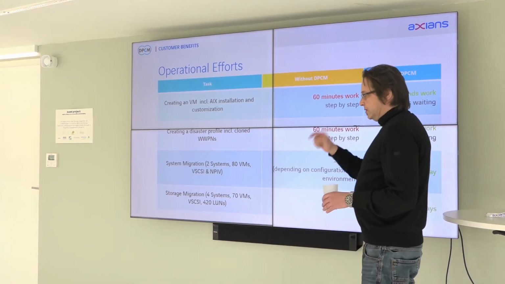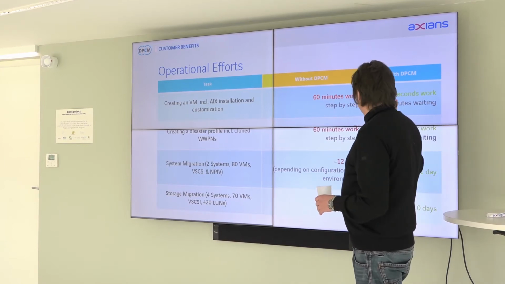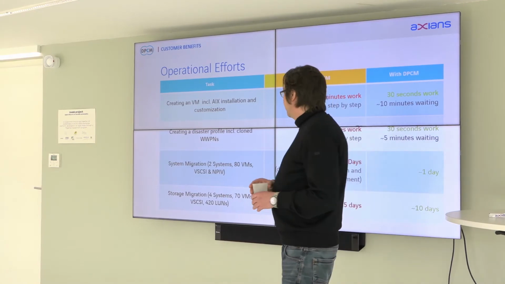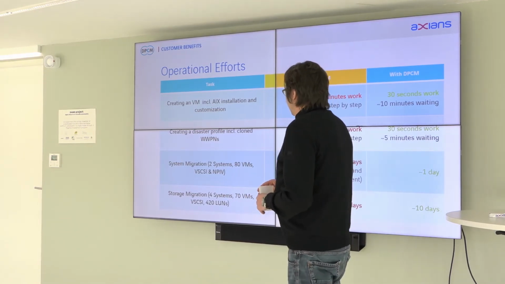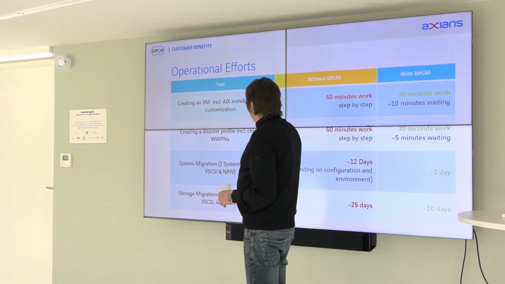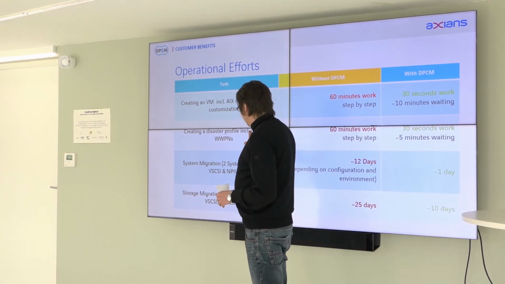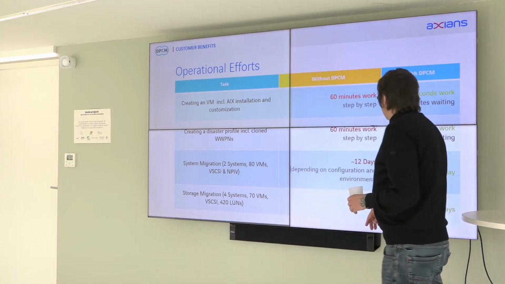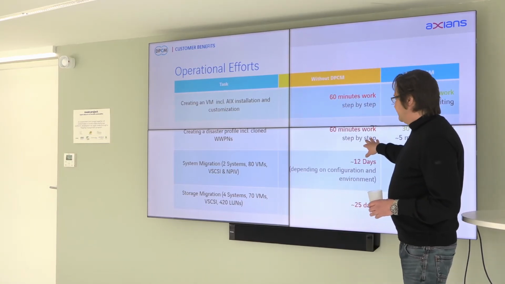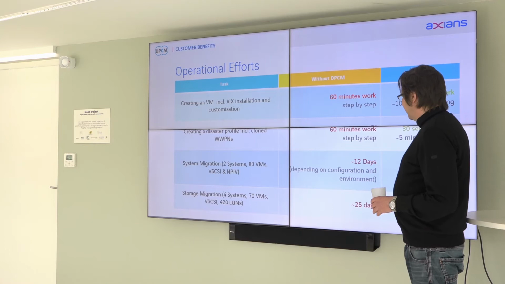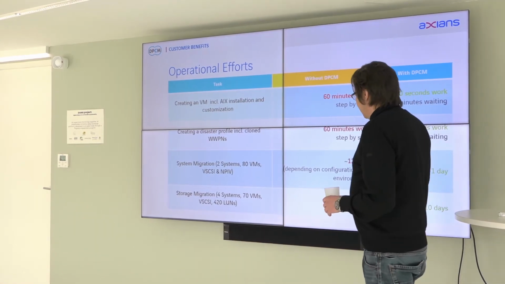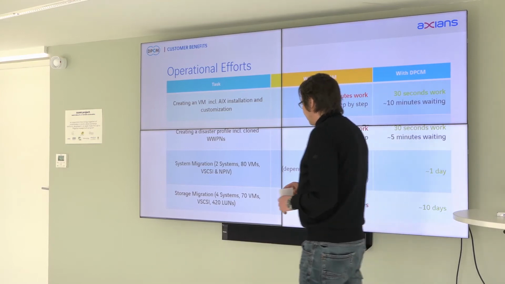With DPCM, you simply fill in the dialog and hit OK, then 10 minutes waiting, and your machine is created. Creating a disaster profile with cloned adapters to the storage is also 60 minutes of work step by step. In DPCM, it's just the recreate button, 5 minutes waiting, finished.